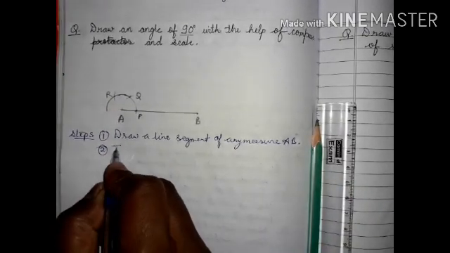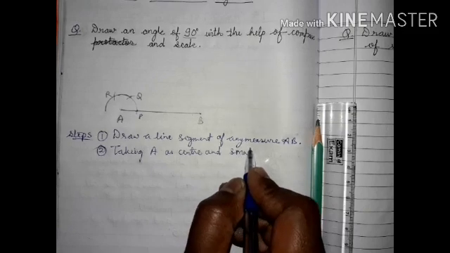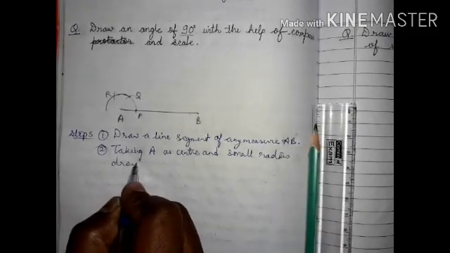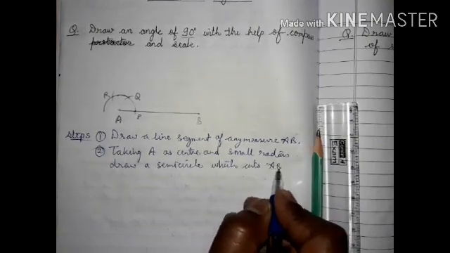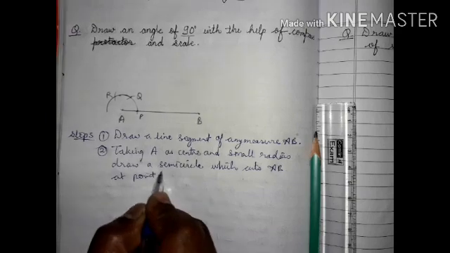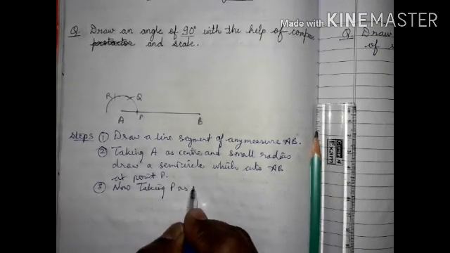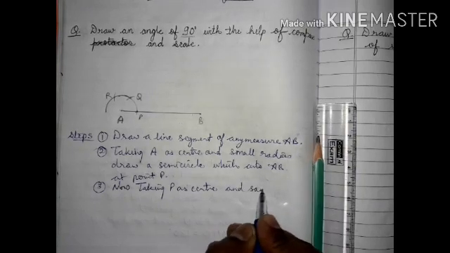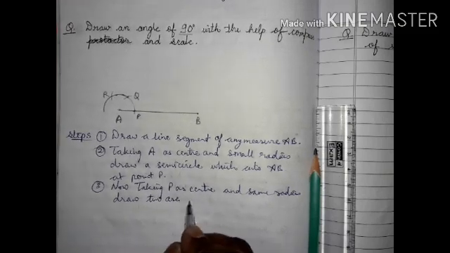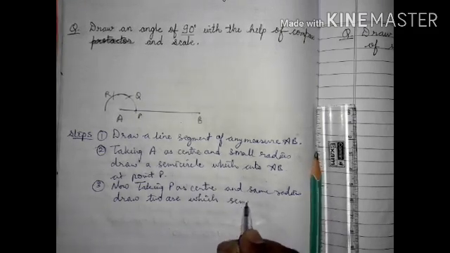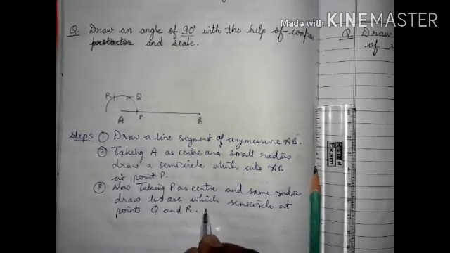Right, step here. Taking A as center and a small radius, draw a semicircle which cuts AB at point P. Now taking P as center and the same radius, draw two arcs which cut the semicircle at points Q and R respectively.